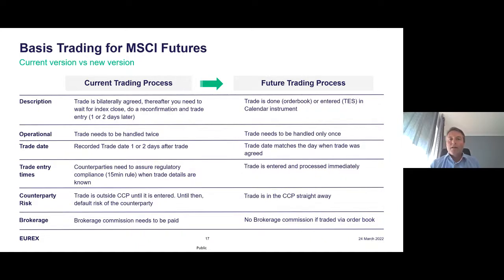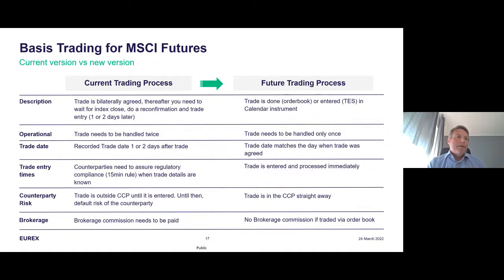Whereas with this new functionality, the trade is immediately in the CCP, and therefore Eurex mitigates the counterparty risk. Last but not least, today with those trades, as they are per definition block trades, you always need to pay brokerage commissions, whereas in the future, if we are successful in also building up an order book here, some of those trades you can just trade via the order book without any brokerage commission.